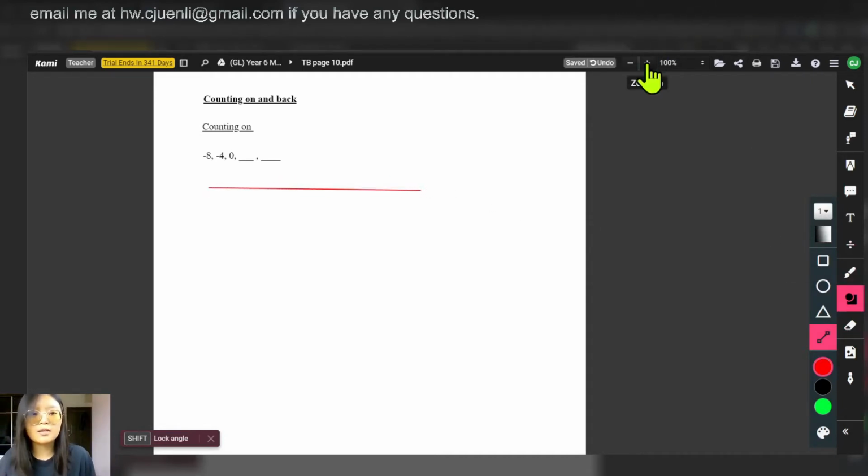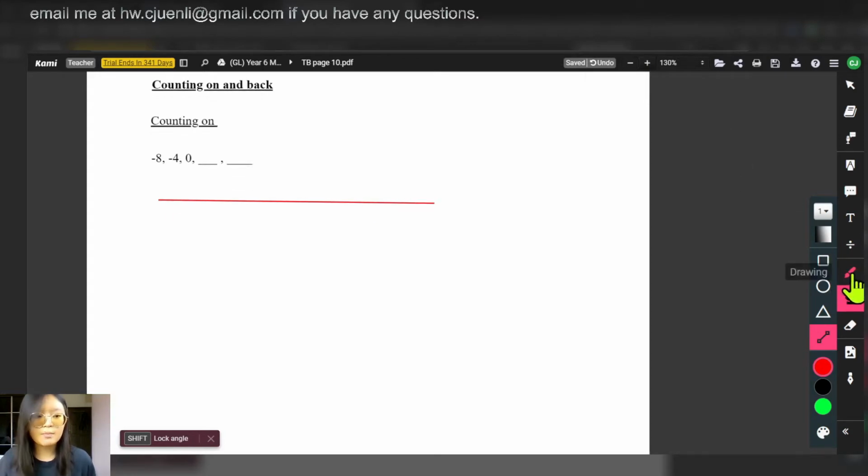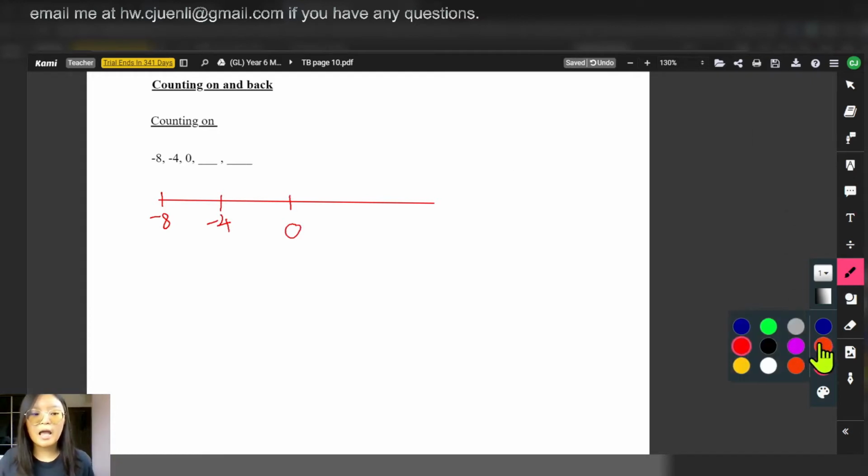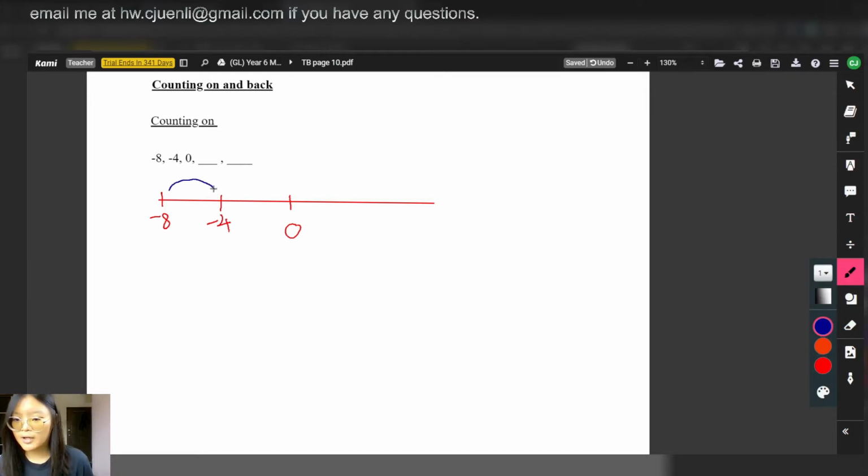Right, so in this number line, let me zoom in, we're going to start with -8, since that's our first number. Then goes on to -4, then we have 0. So how do we know what are the next few numbers? So we can actually do it like this. Just draw an arrow.